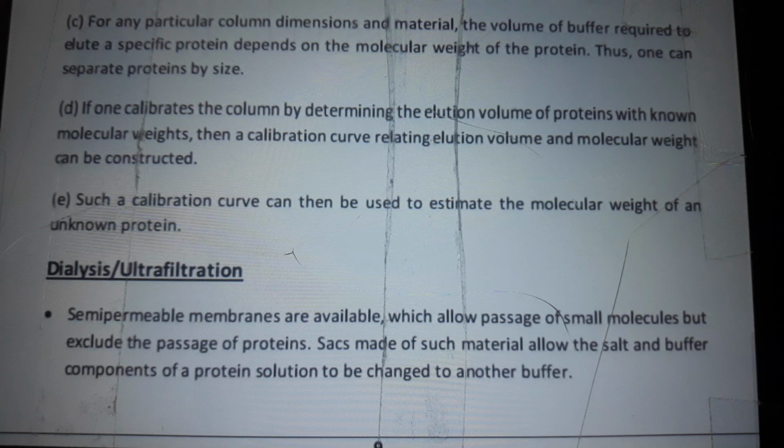If one calibrates the column by determining the elution volume of proteins with known molecular weights, then a calibration curve relating elution volume and molecular weight can be constructed. Such a calibration curve can then be used to estimate the molecular weight of an unknown protein.